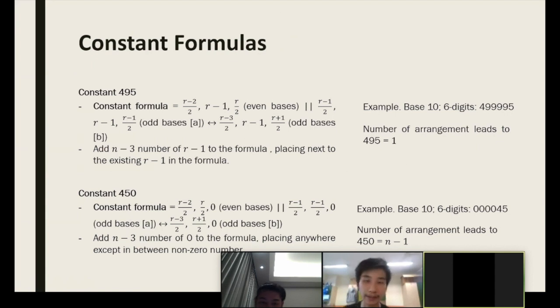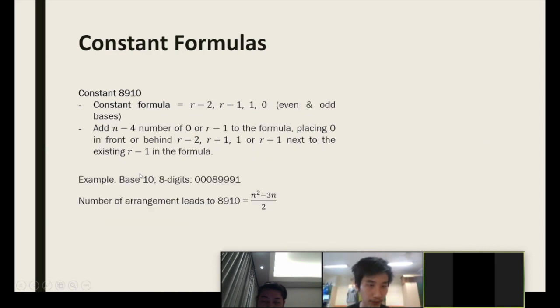So since we've used the rules, we figured out a lot of patterns, including that there are only 3 possible methods for applying the Kaprekar routine that we've just established that reach a specific constant. And those are the types 495, 450, and 8910. 8910 is only for 4-digit and above.